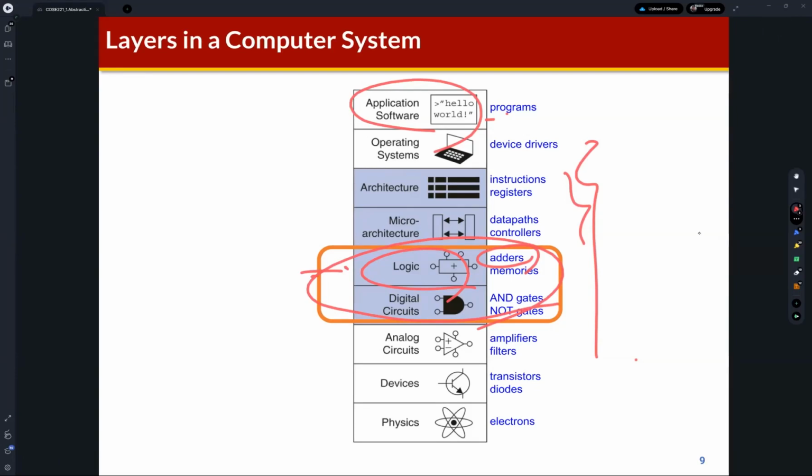So computer hardware is composed of many basic digital components. Under this layer, you can find the digital circuits. These are the basic gates we will learn in this course. We can build adders and other arithmetic units using the basic logic gates.